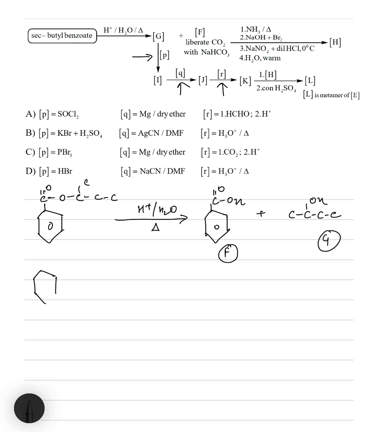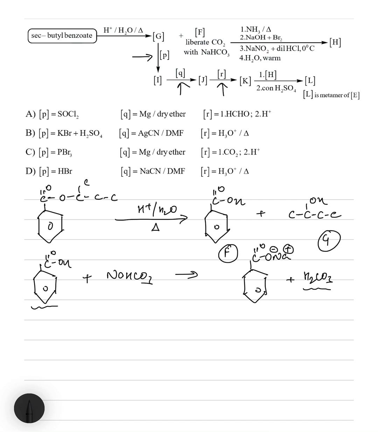If you write the reaction of F, this is our benzoic acid, it reacts with NaHCO3 to form sodium benzoate and H2CO3. Now H2CO3 is also an acid, and PhCOOH, benzoic acid, is also an acid.